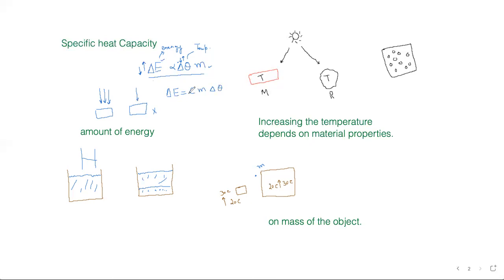This C depends on the properties of the material. So it means this C is constant for one type of material. If you change the material from metal to rock, then this C will also change.